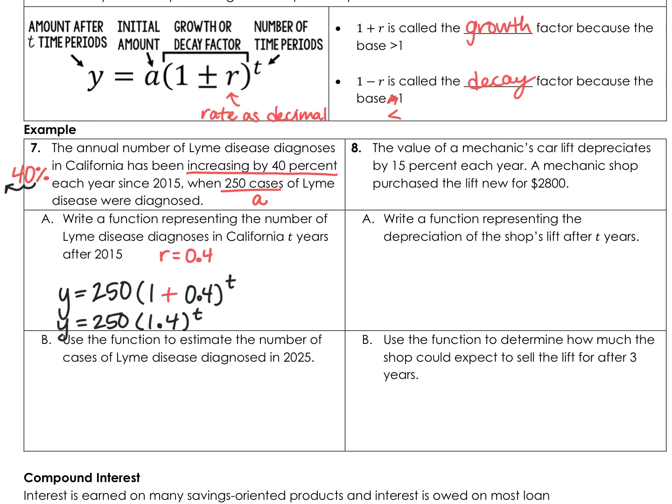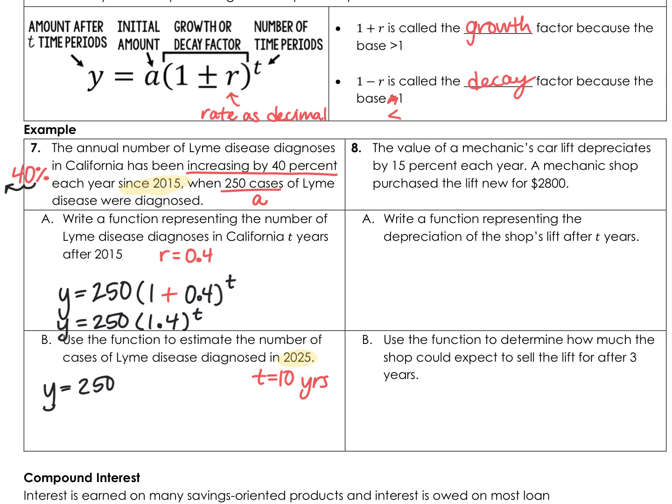So then part B, use the function to estimate the number of cases of Lyme disease diagnosed in 2025. It says since 2015, so how many years? 10 years. So you're going to put t as 10. So y is equal to 250, and you can use either one of these equations.